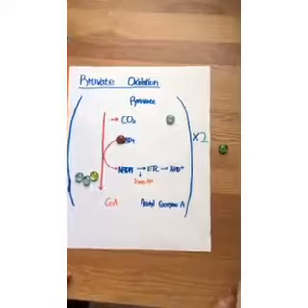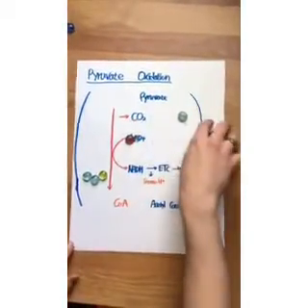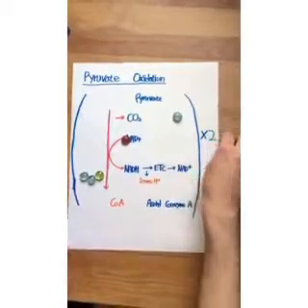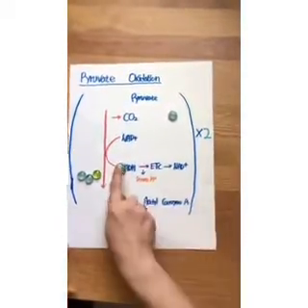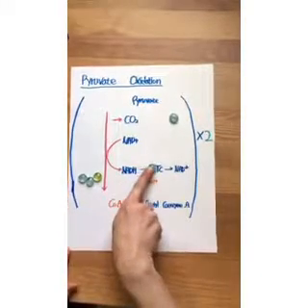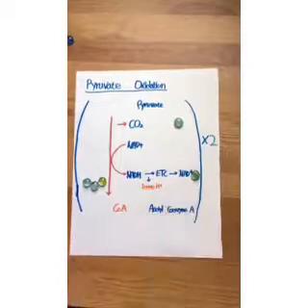While this is happening, a NAD plus carrier is reduced to NADH, which carries the electrons to the electron transport chain to eventually be made into NAD plus again.